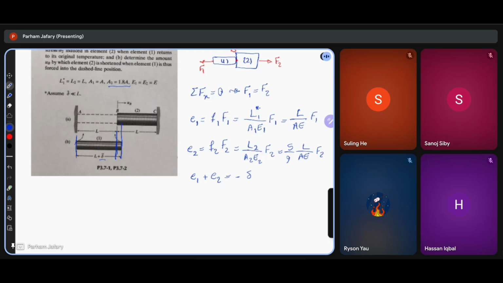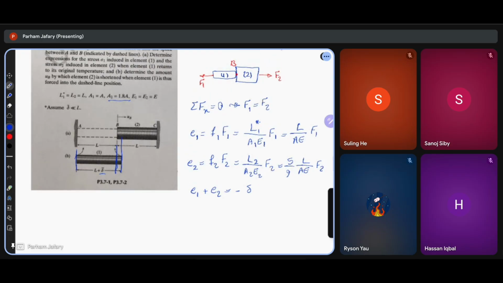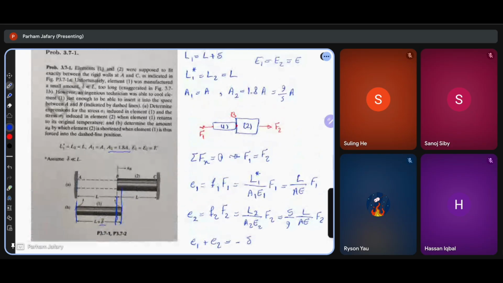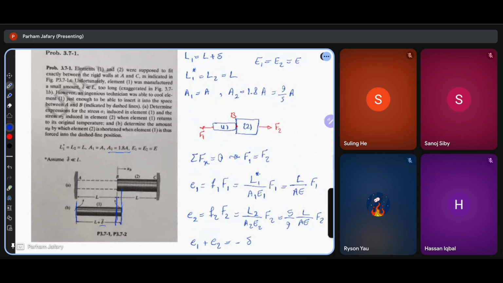So delta is the excess of length that we had in element 1. Okay? So did you read the question?